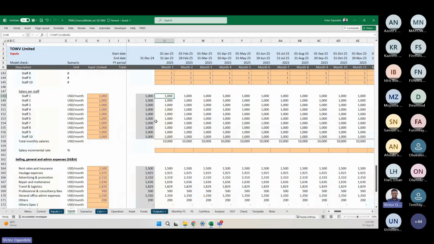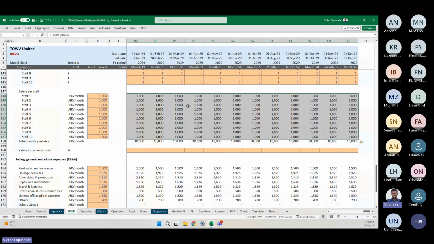Then your period one, your month one, should be the base period. Multiply by, open your brackets, 1 plus this salary incremental growth factor that we said we apply across the salary payments, and press enter. Drag it down and copy the formula from your month one down to month 60.